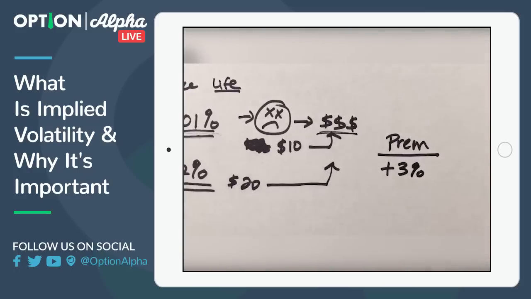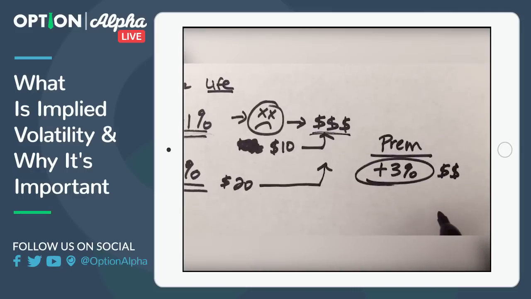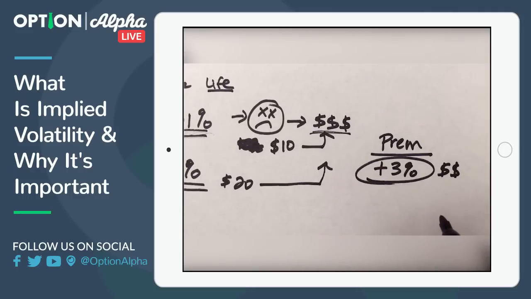So they are overestimating the probability of me dying, and they base the premium that they charge me on this over expectation. Does that make sense how we're going through this?